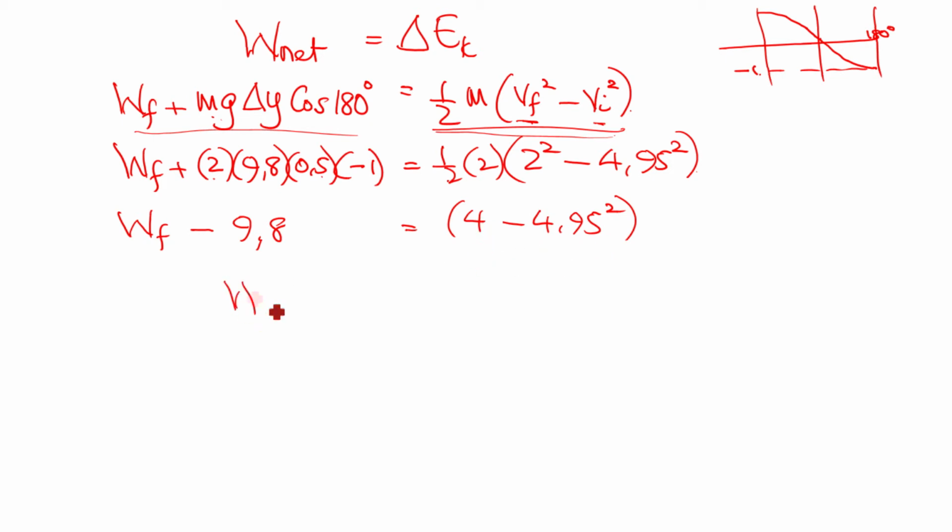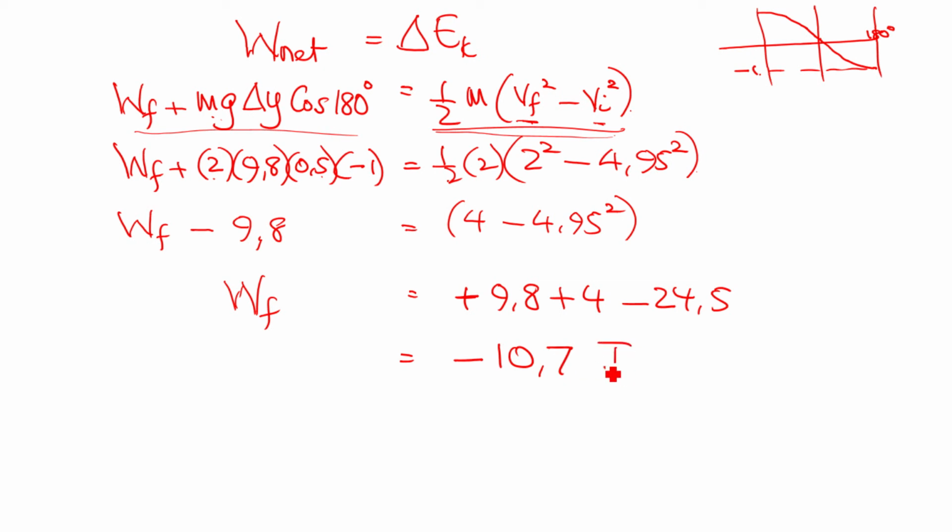So therefore, WF, the work done against friction, is going to be plus 9.8 plus 4 minus 24.5, and that is going to be minus 10.7 joules.